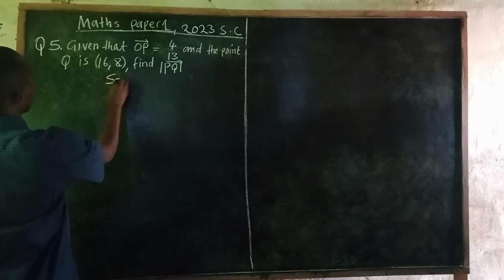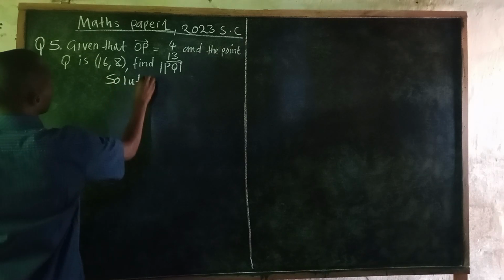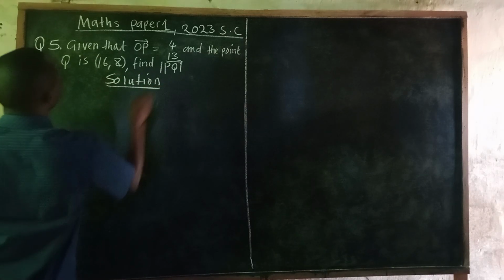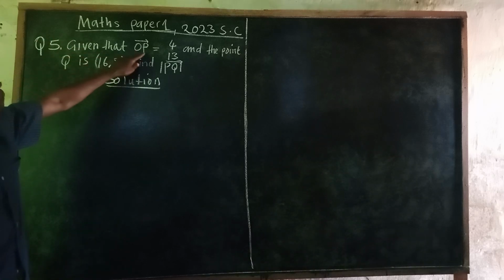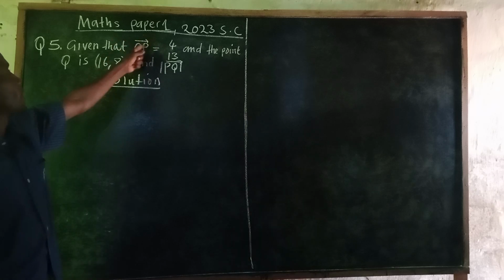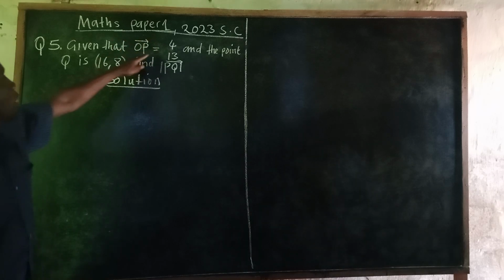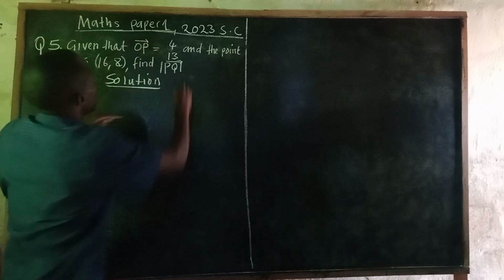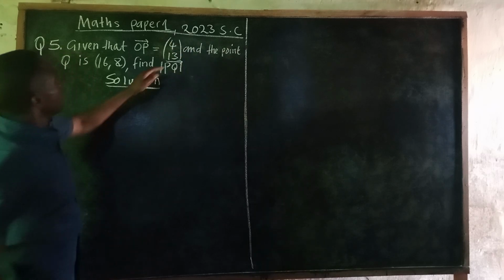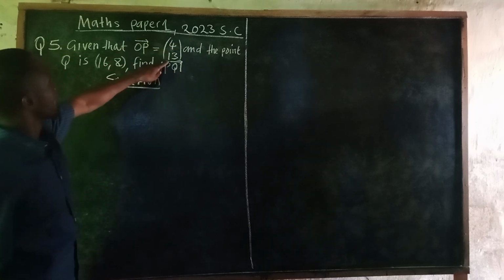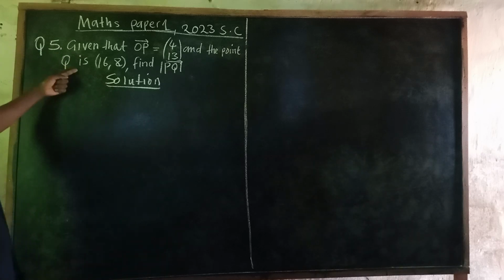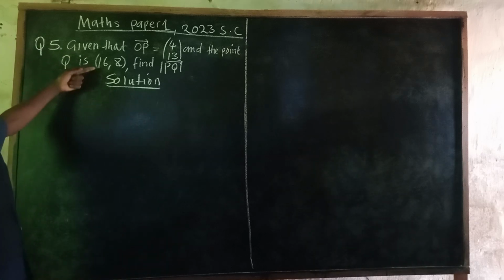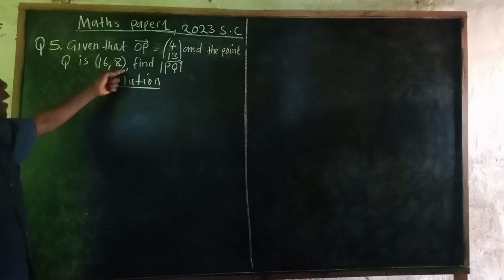Solution. So the question says, given that OP, with the direction arrow there, equals (4, 13), and the point Q is (16, 8).